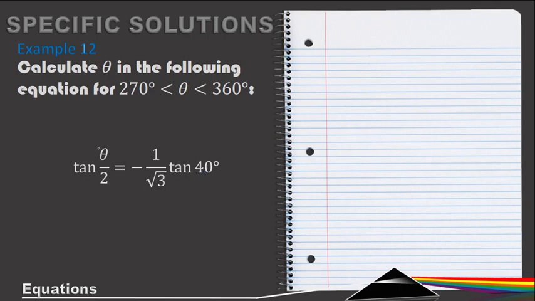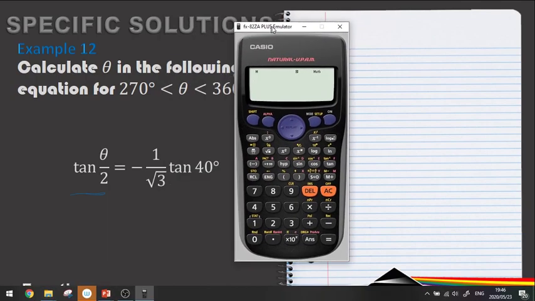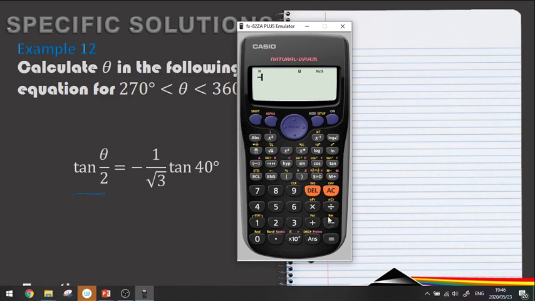So the theta, or the ratio that we're going to solve for, is this one over here. Now if I take this expression and put it in the calculator, I've got negative 1 over square root of 3 and then tan of 40.